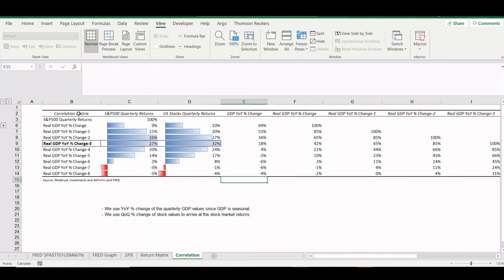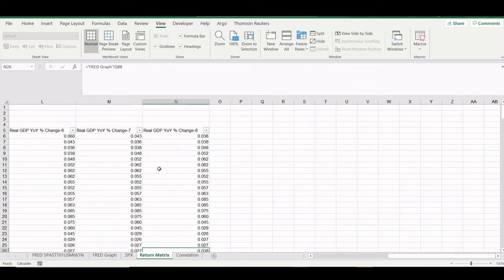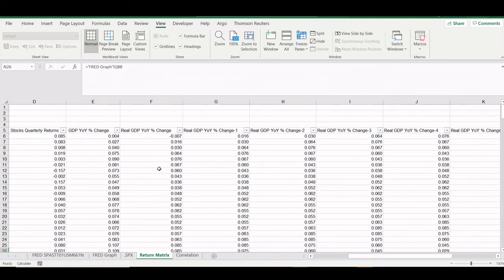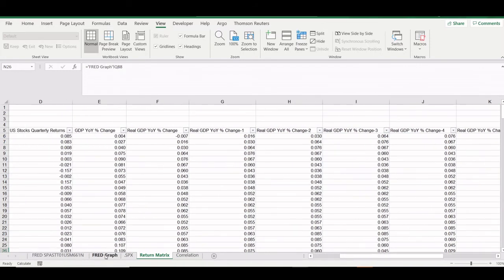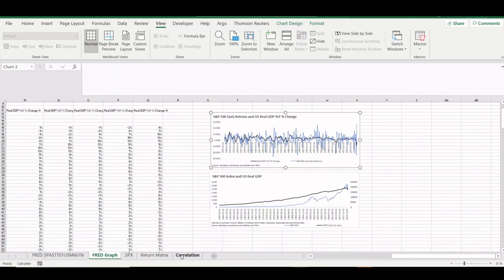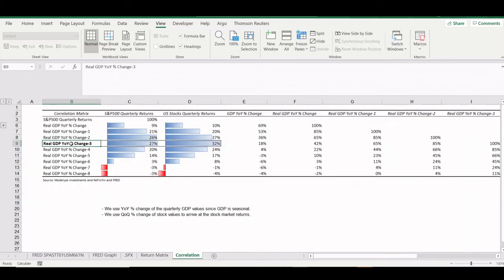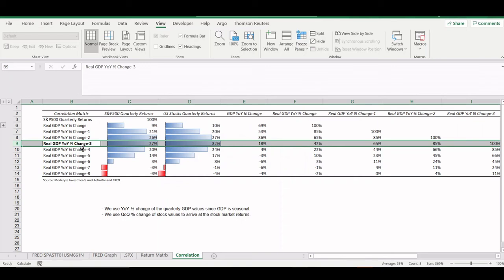Once we look at the returns, and once we look at the correlation of the growth rate of the GDP and the returns, if we shift the data by 1 quarter forward for the GDP growth rate, by 2 quarters forward, by 3 quarters forward, by 4 quarters forward, and so on, that means that we're looking at the correlation of the returns of the data by 1 year ahead. And we see that when we look at the correlation matrix, once we shift the data by 1 year or 4 quarters, we're getting the highest correlation.